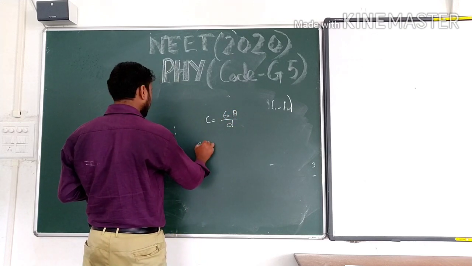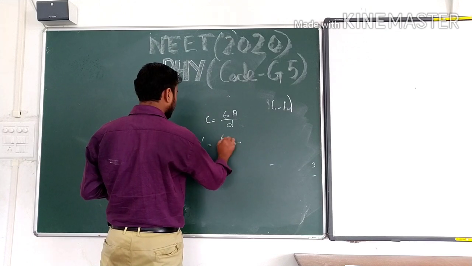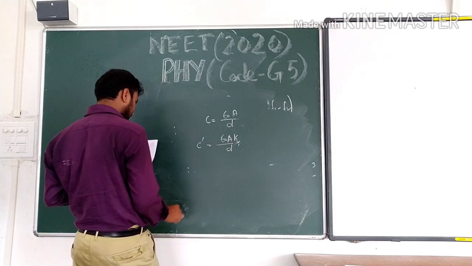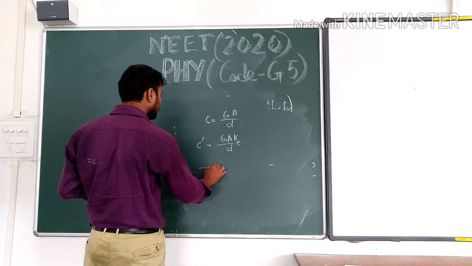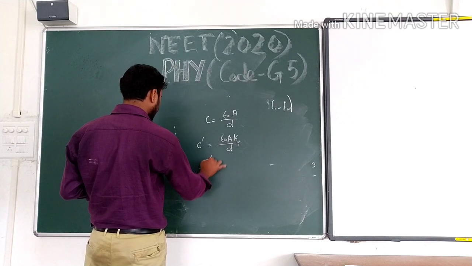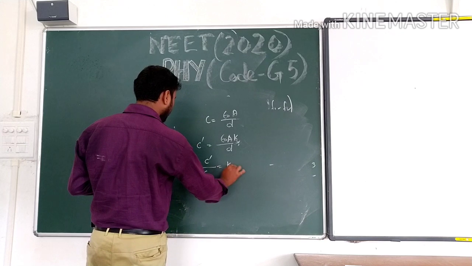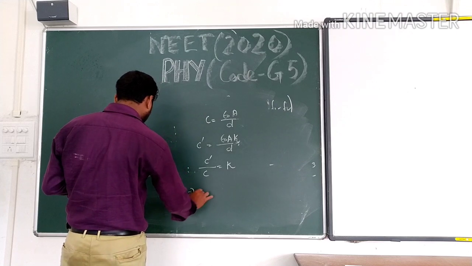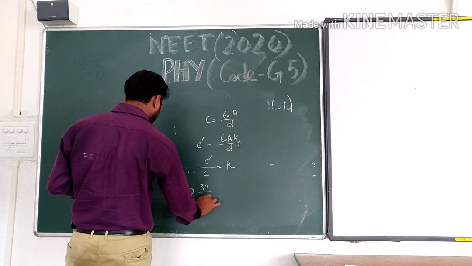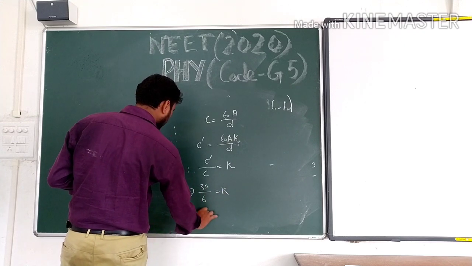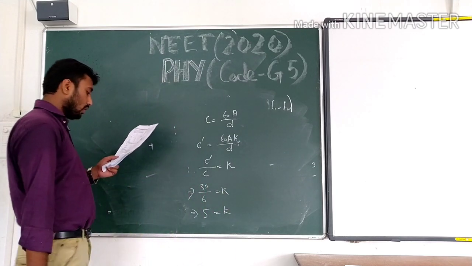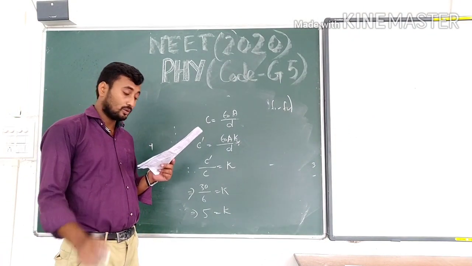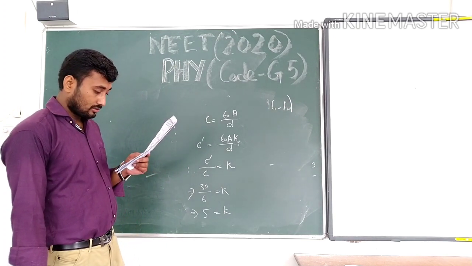And if a dielectric medium is there, then it will be epsilon naught K A by d. Therefore, C' by C will be 30 divided by 6, so it will be 5. K equals 5. So the permittivity is 5 coulomb square newton inverse meter minus 2. Option 3 is correct.